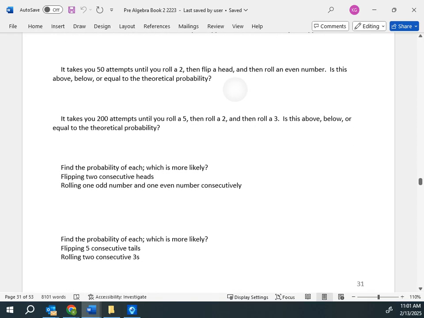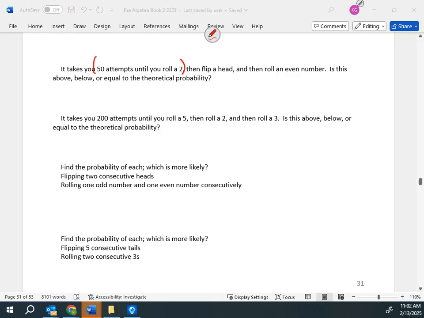Let's look down here. If you take 50 attempts until you roll a 2, then flip a head, then roll an even number, you have to really think about it. What is each event calling for? You're rolling a dice, you're flipping a coin, you're rolling. What is it that you're rolling for? Okay? That 50 attempts until you roll a 2 is your event 1.